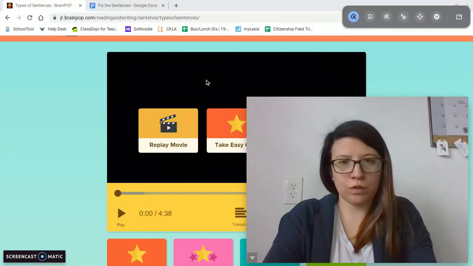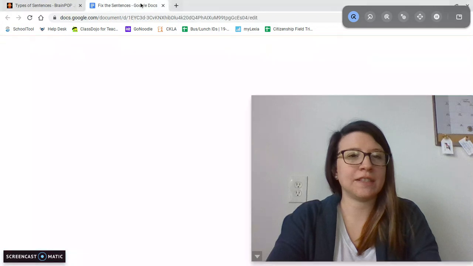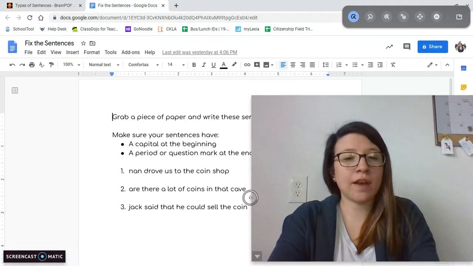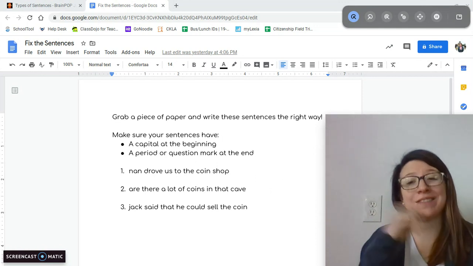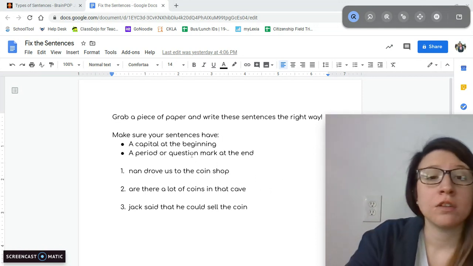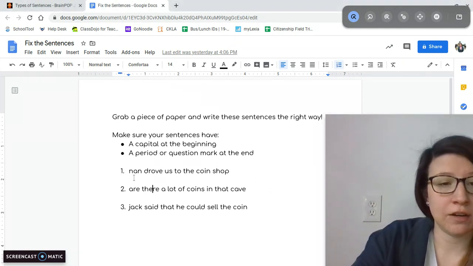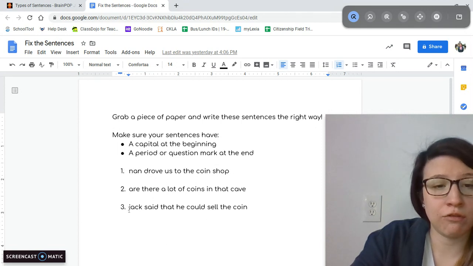Your job today, if you go into Google Drive, you're going to see something that says fix the sentences. Now, you're not going to be able to type this up and do it on your own. You're going to have to get a piece of paper and write them out. So, there's 3 sentences here. 1, 2, 3.